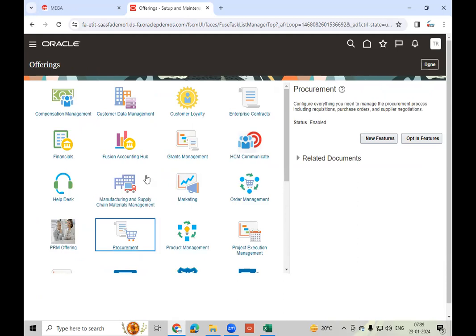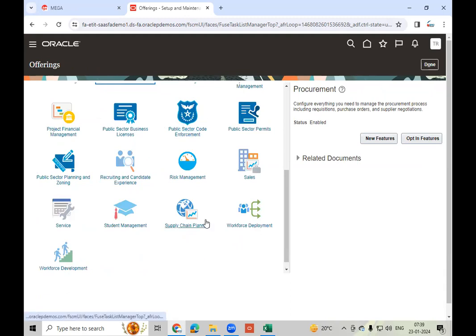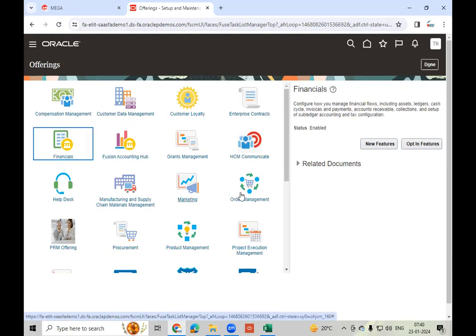Here you will find all the Oracle modules and application offerings. You can enable them. So first I will start enabling from financials. Click on this, Opt-In Features.